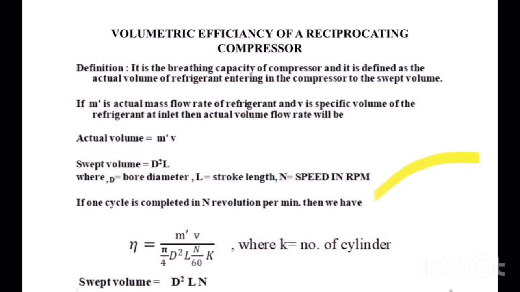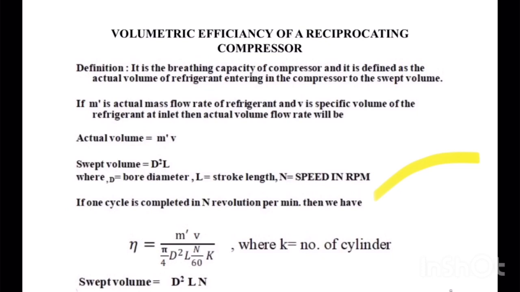By definition, it is the breathing capacity of the compressor, defined as the actual volume of refrigerant entering the compressor to the swept volume. If m dot is the actual mass flow rate of refrigerant and small v is the specific volume of the refrigerant at the inlet, then the actual volume flow rate will be m dot multiplied by v.